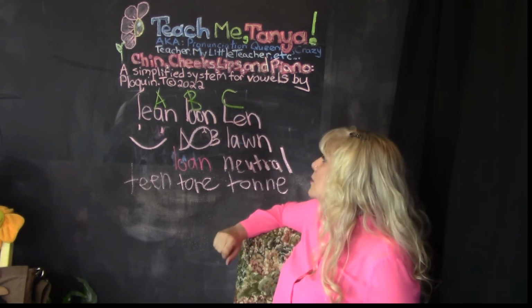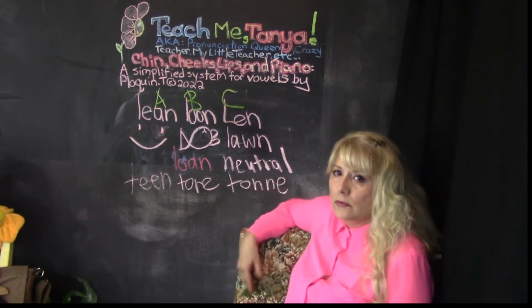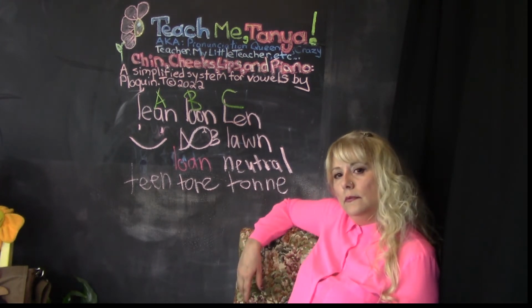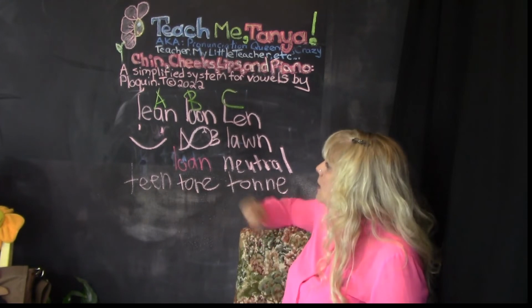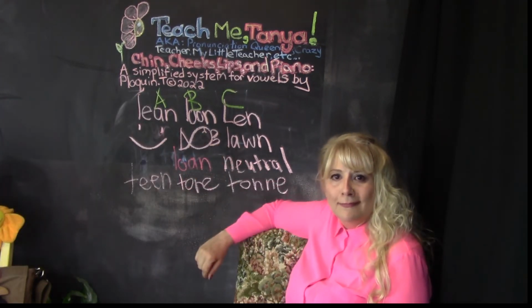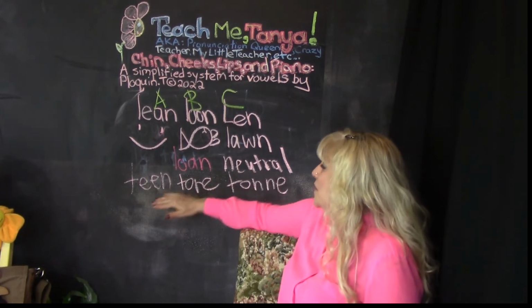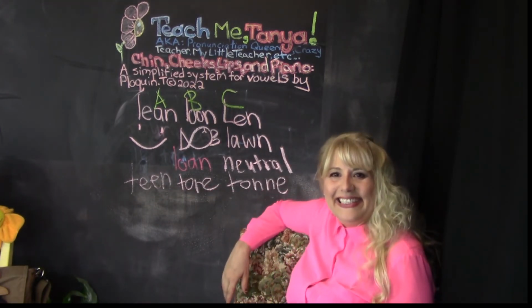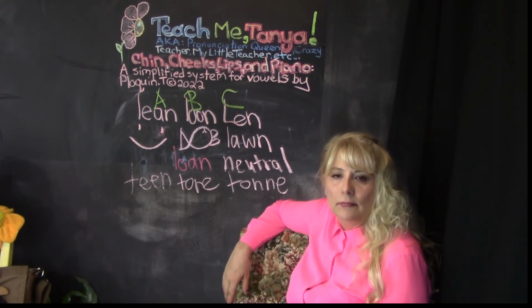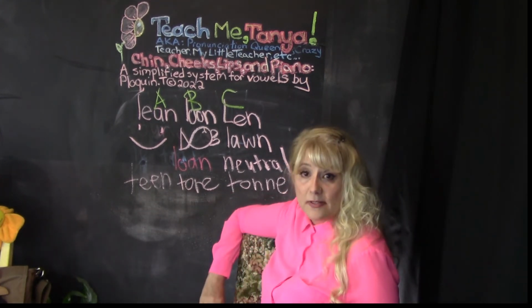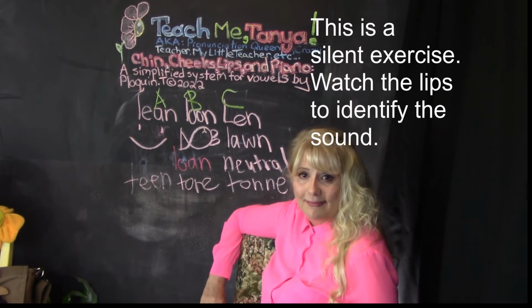And I say to my partner with no sound, and my partner should circle B. Let's try again with this one. Stretch lips. Okay.